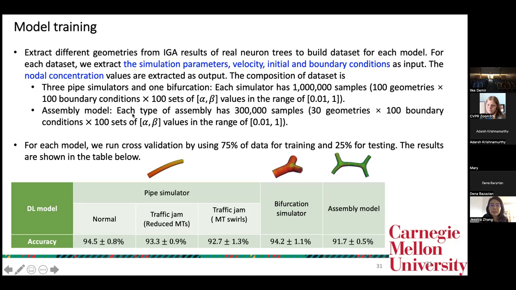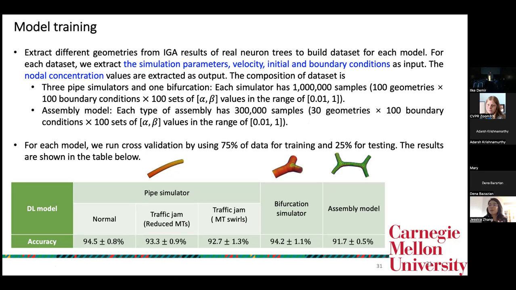In the assembly model, each type, we have a pipe assembly, pipe bifurcation assembly, bifurcation assembly. Each type has 300,000 samples, with 30 geometries, 100 boundary conditions, and 100 sets of alpha beta values.